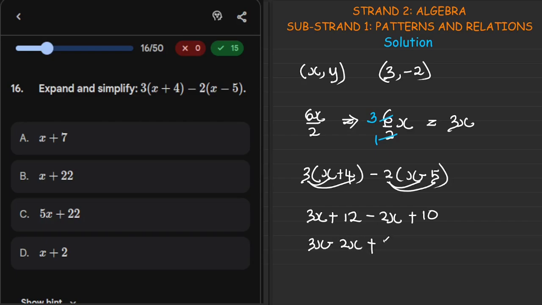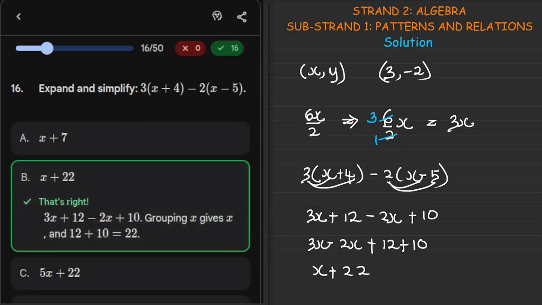Take note, when you are moving, you move with the signs in front of whatever term you are moving. So we have 3x minus 2x, which gives us an x. Then 12 plus 10 gives us 22. So our answer is x plus 22, which is B.